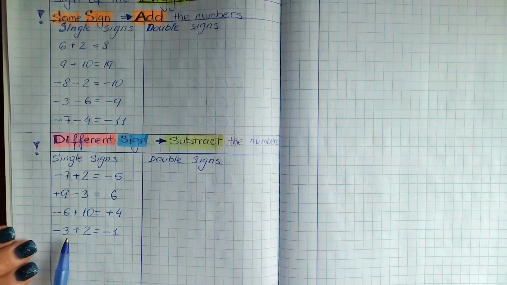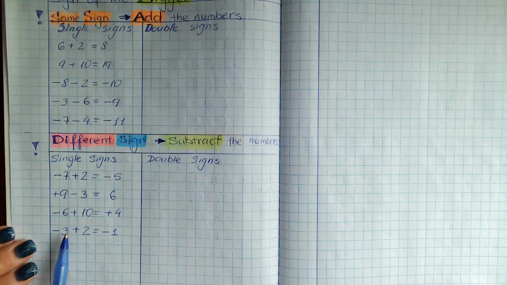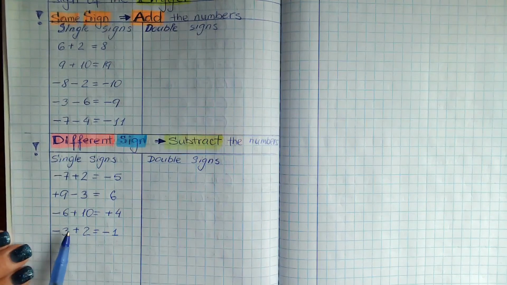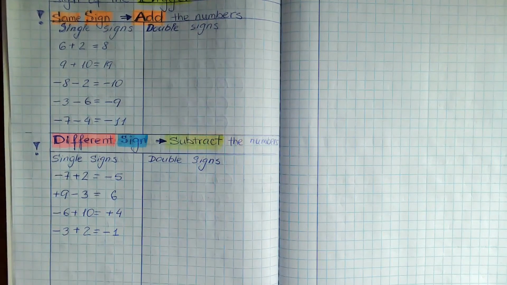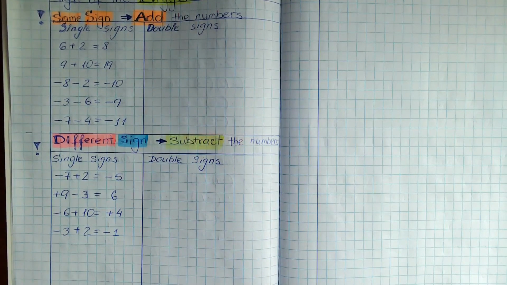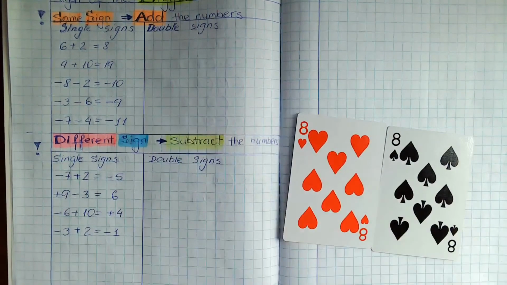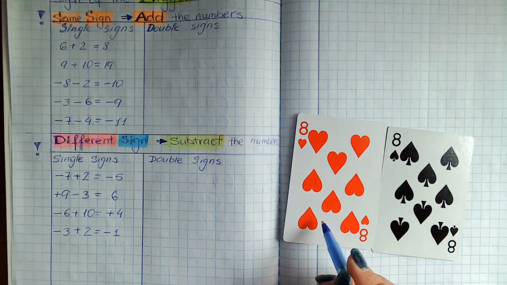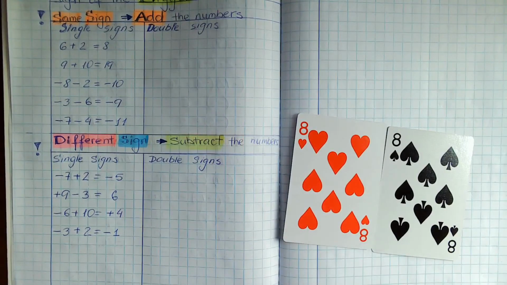If we follow the rules, looking at this example, 3 has a minus, 2 has a plus. Different signs. Subtract. Keep the sign of the bigger number. 3 is bigger, negative. Sign of the answer, negative. What if you have 8 positive and 8 negative?